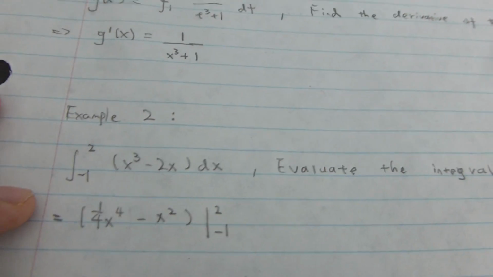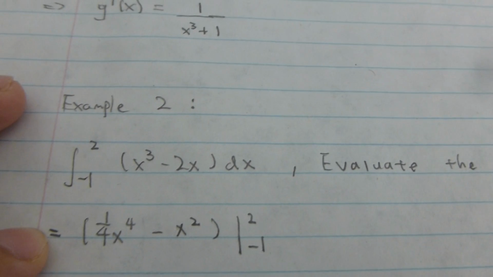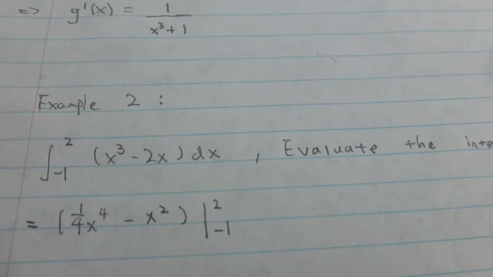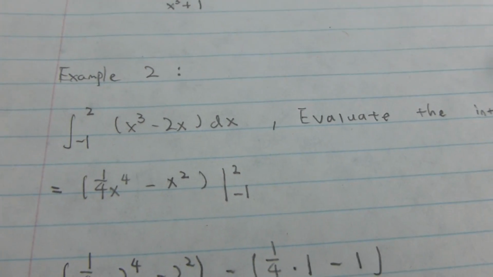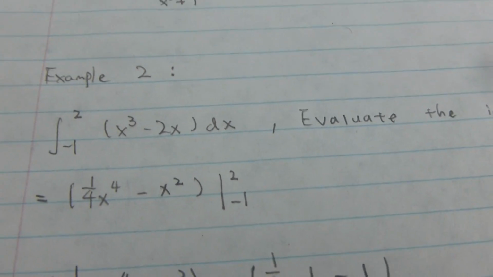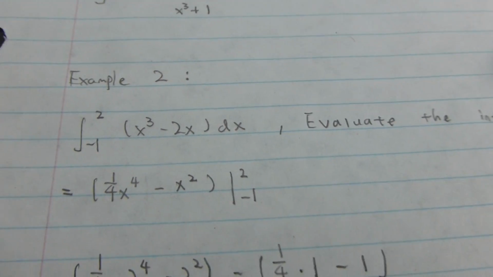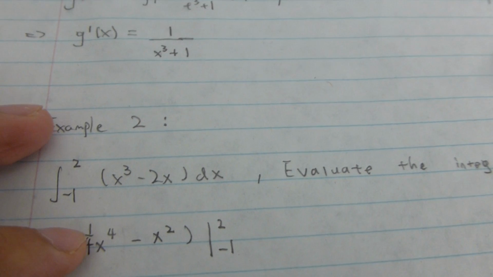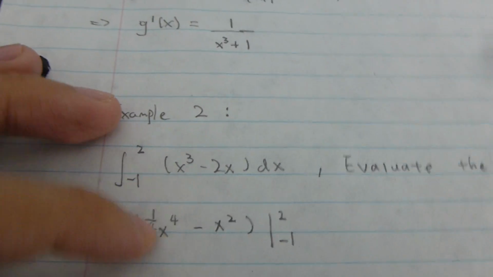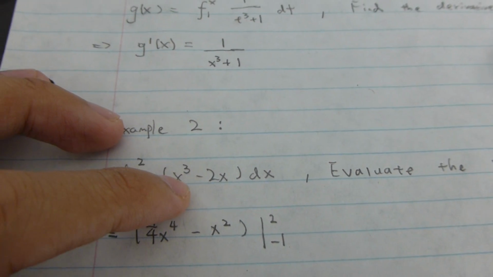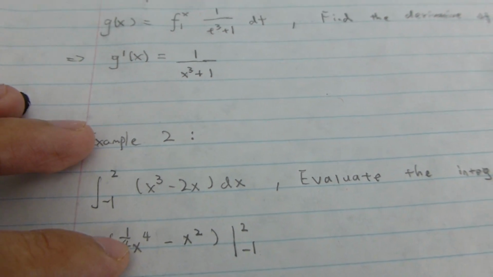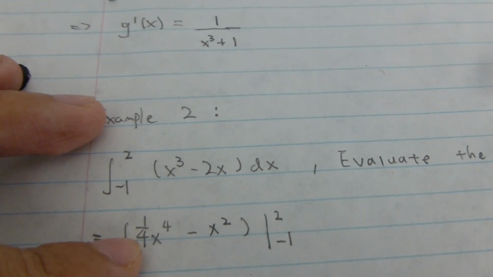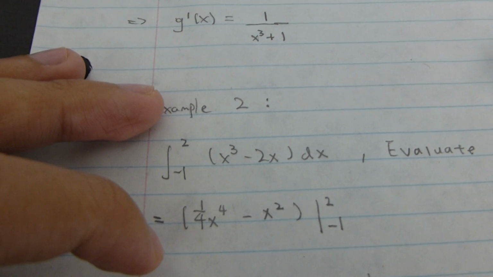Remember, when we're doing integration, we're always thinking backwards. Here the integral of x to the power 3 is going to be x to the power 4 over 4, and one way to check it is to take the derivative.